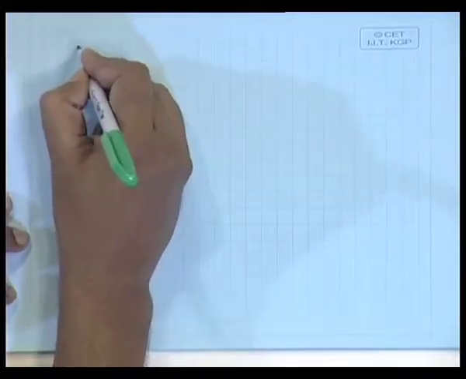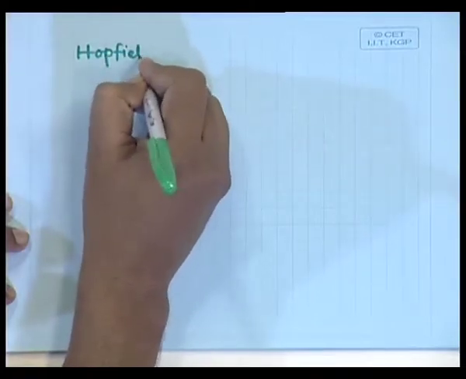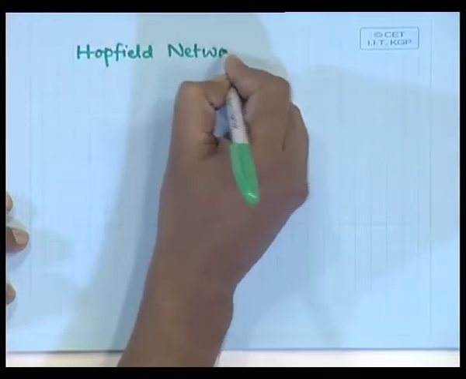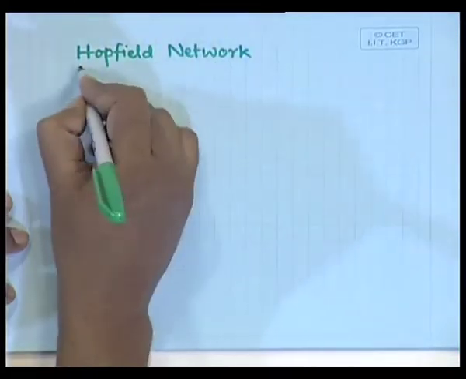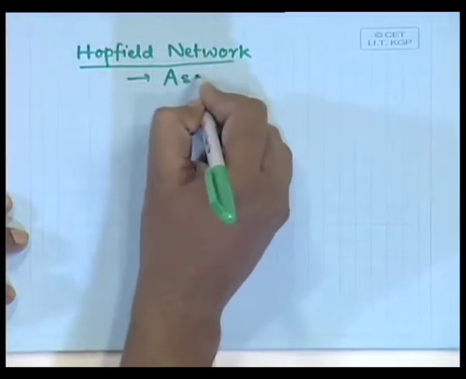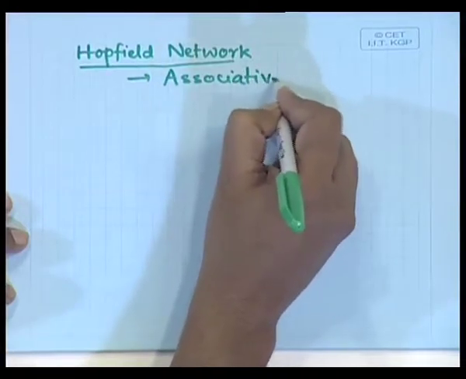Okay. So, this is what is called Hopfield network. Or this also works as, the way it works is something like an associative memory.